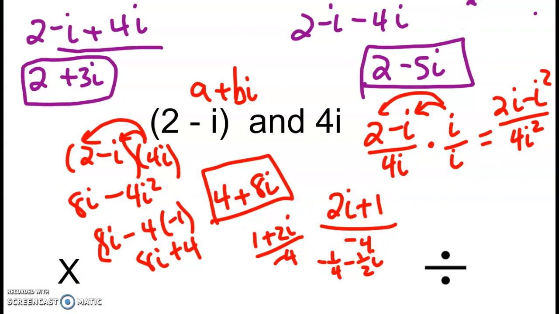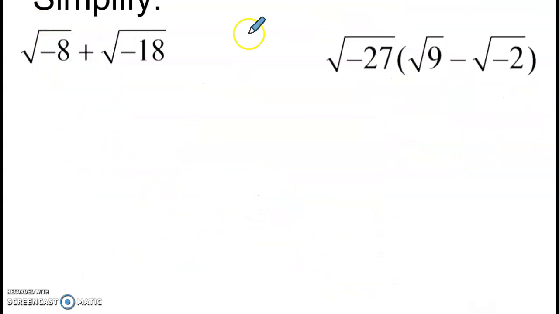So, let's go with the negative 1/4 minus a half i. There you go. Here's where the negative 1/4 came from. Plus 2 over negative 4i. Well, 2 over negative 4 is negative a half. Okay? All right, so those examples should help you through some of the homework.